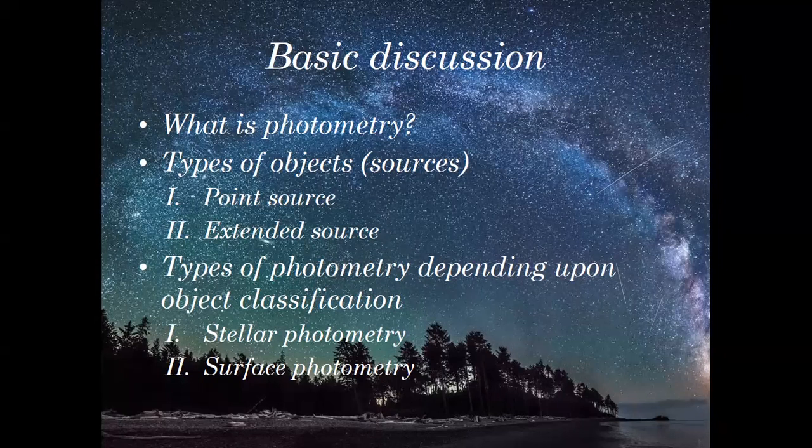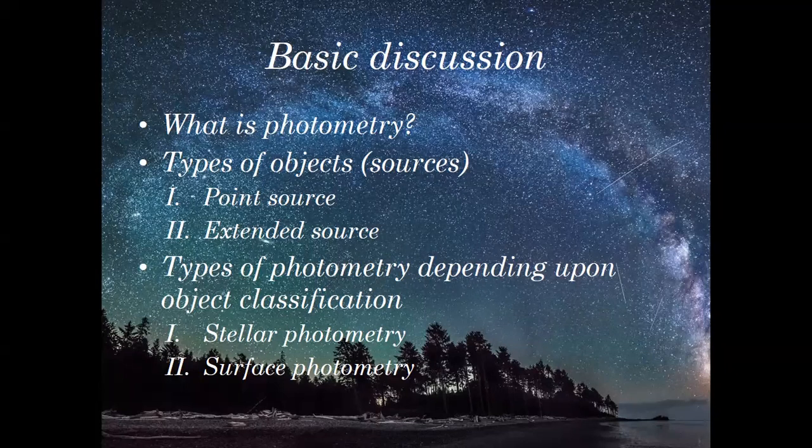Point sources just tend to appear like points in the night sky, whereas extended sources are nothing but a collection of various points. A galaxy cannot be located at a single point. It's an extended object. So we can classify the objects that we see in the night sky into two categories: point sources and extended sources.